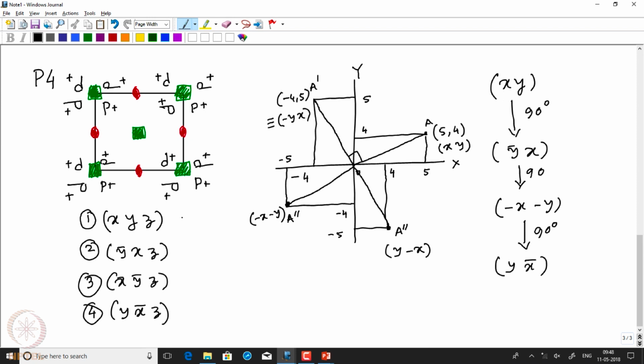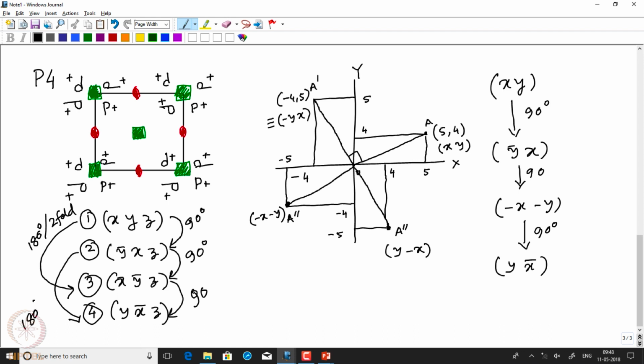The same has been done here. This is a 90-degree rotation, from there it is a 90-degree rotation, and from this to that is a 90-degree rotation. Remember that point number 1 to 3 is a 180-degree rotation, which is equivalent to a two-fold. Similarly, point number 2 to 4 is a 180-degree rotation, which is equivalent to a two-fold.